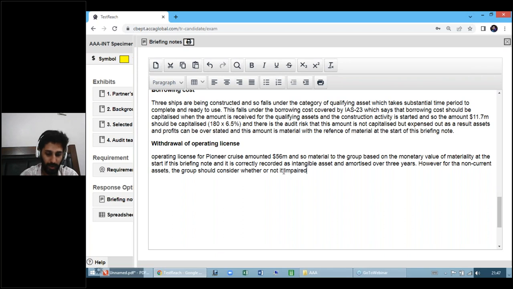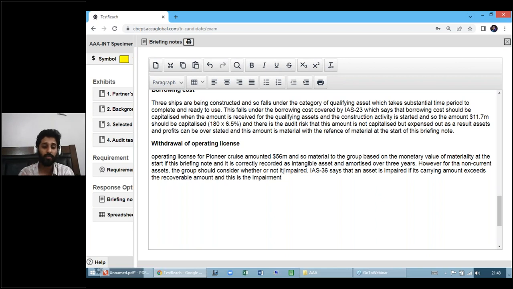it is impaired. IAS 36 says that an asset is impaired if its carrying amount exceeds the recoverable amount, and this is the impairment test.